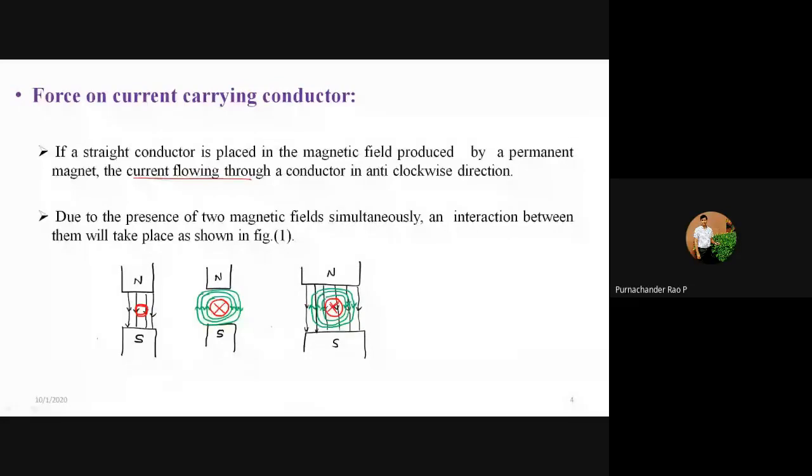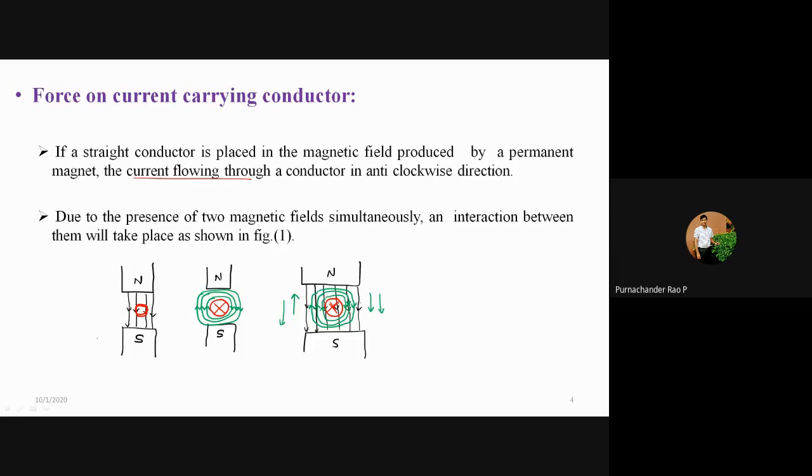So here the flux which is to the left side of this conductor, the main flux is in the downward direction, but the flux which is produced by the armature is in the opposite direction to the main flux. But to the right side of this conductor, both the armature flux and also the main flux are in the downward direction.